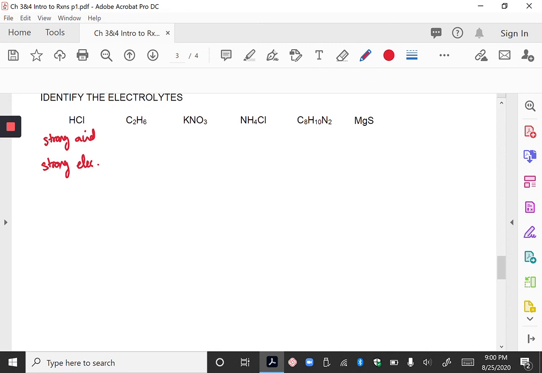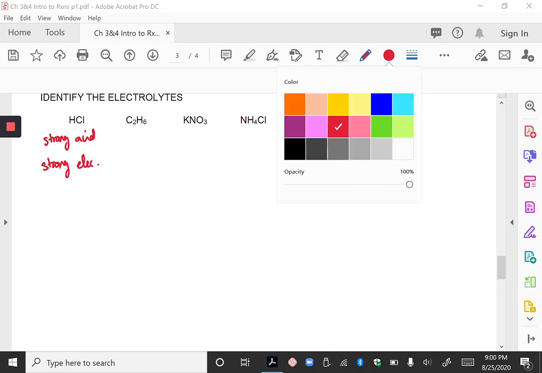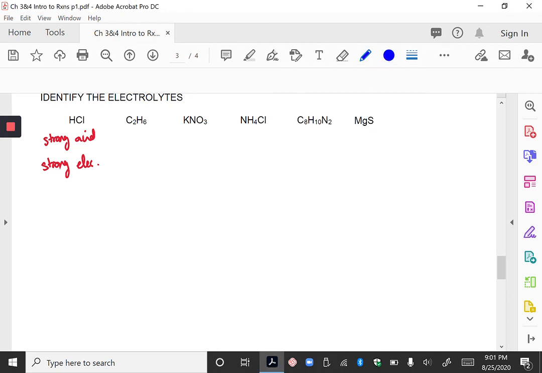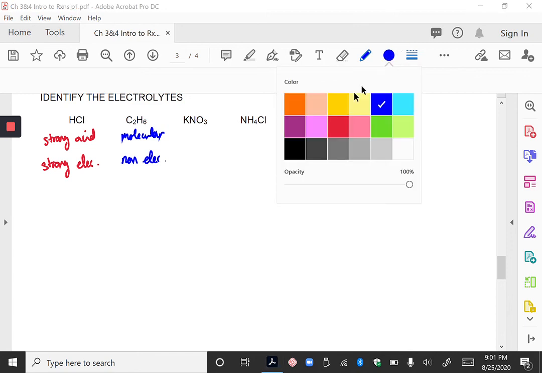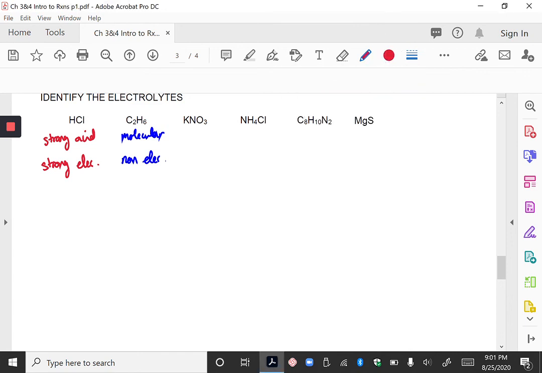Okay, next one is C2H6. What type of substance is it? This one would be molecular. It's covalently bonded, but it's not an acid. And so that means it's a non-electrolyte. Next one is KNO3. What type of substance is this one? This is ionic. It's a salt.